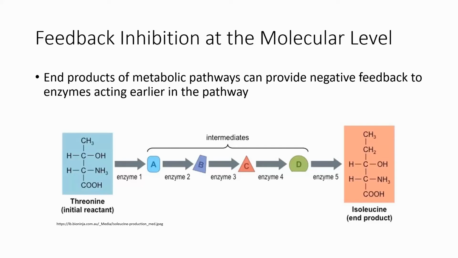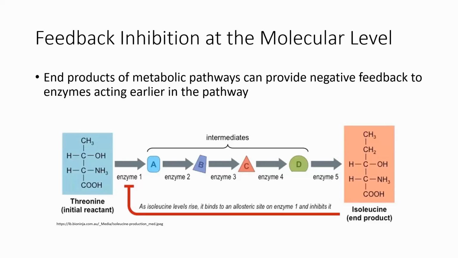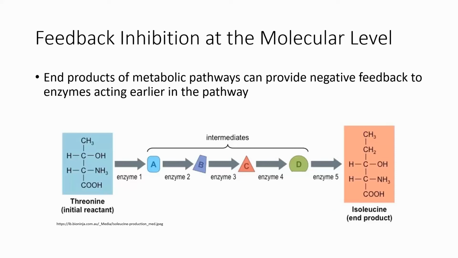Now, in order to make sure that the cell isn't wasting a lot of energy making a bunch of unneeded isoleucine, isoleucine ends up acting as an inhibitor of that first enzyme in the pathway. That way, once you get enough isoleucine, you stop making isoleucine. If the amount of isoleucine decreases, then that stops the inhibition, and enzyme 1 is able to function again.